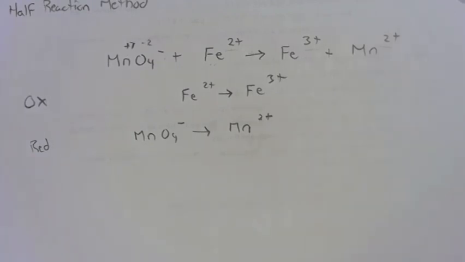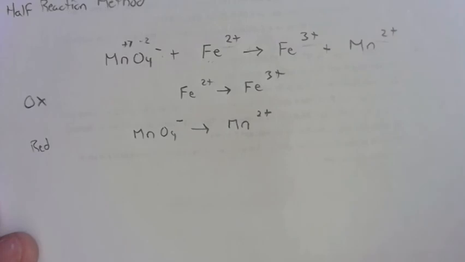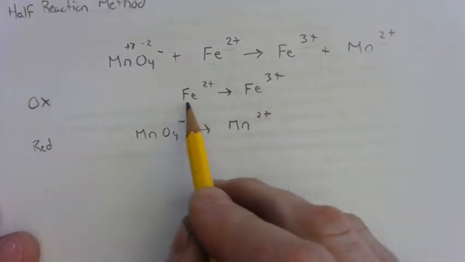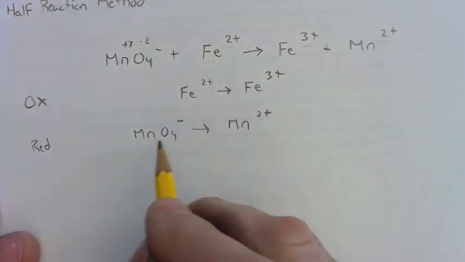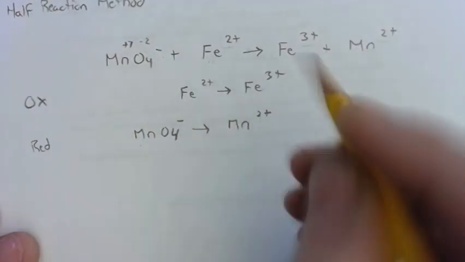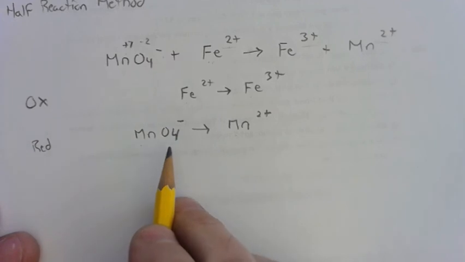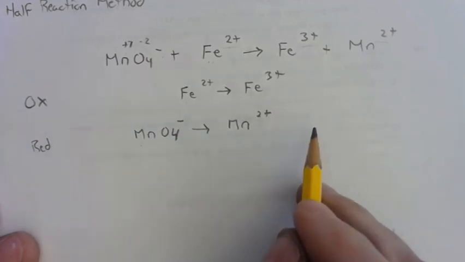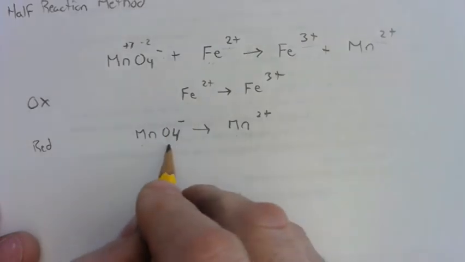So now we want to go through and balance each one. First of all, we balance the non-oxygens and hydrogens. One iron, we're good. Manganese, we're good. Next, we balance oxygens by adding waters to the other side. That's how you balance oxygen.